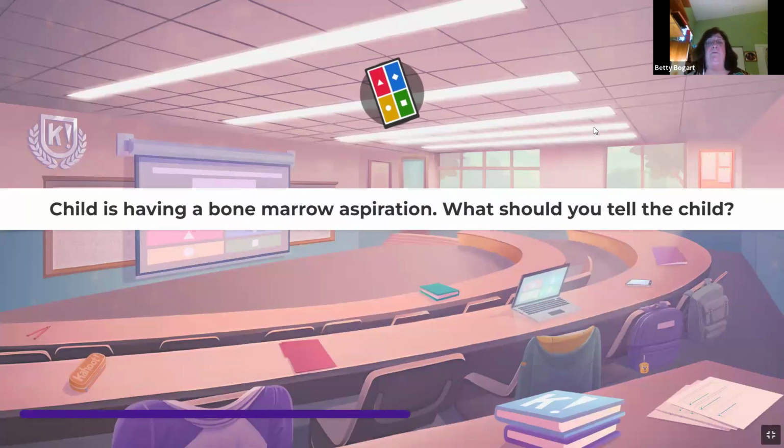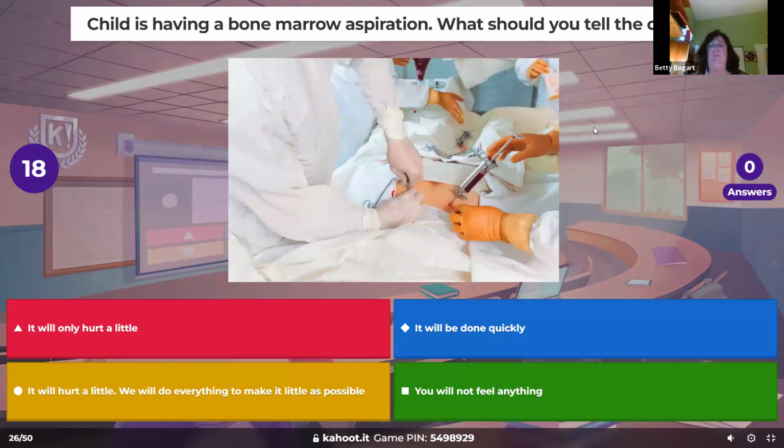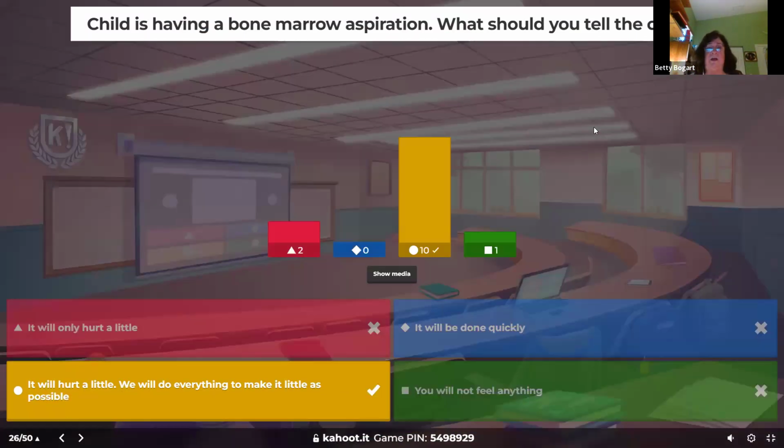Child is having a bone marrow aspiration. What should you tell the child? Remember, you put it in, it goes, I'm telling you, it's a crunch. You'll never forget it. Whether it's done in the xiphoid process or in the hip bone, it's intense. So be honest, it's going to hurt a little, but we're going to do everything we can to make it as little as possible.